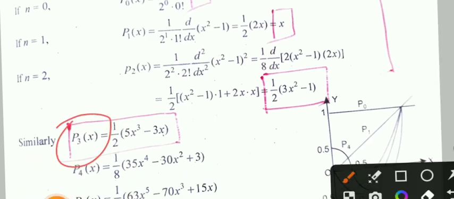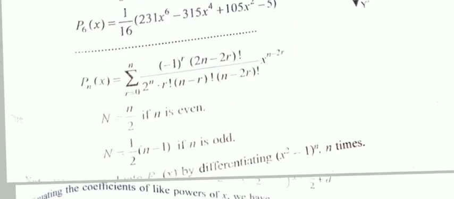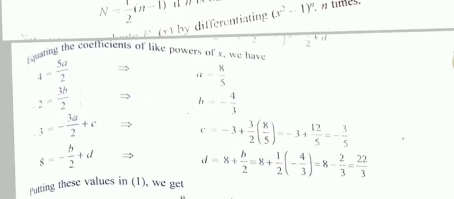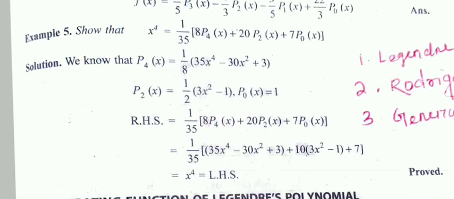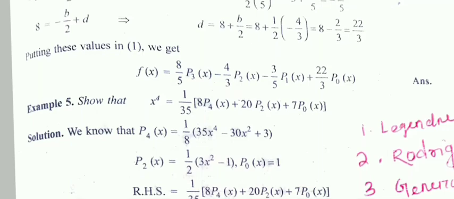The higher values are not important. If you are asked to find P4 and P5, you can easily calculate them by putting n equal to 4 and 5. Remember these values of the Legendre polynomials, and then you can easily solve the problems.